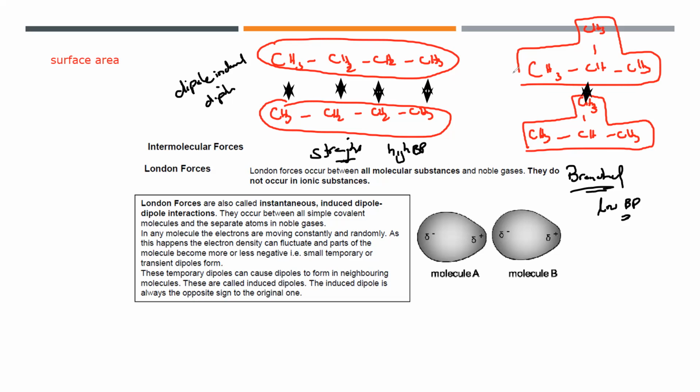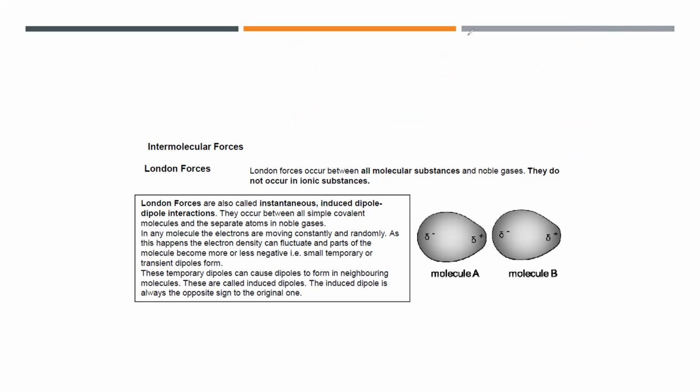So always remember that dipole-induced dipole force increases with the surface area, and it also increases with the number of electrons. When we talk about intermolecular force, when we have non-polar molecules, they will have dipole-induced dipole forces, or you can also say London forces.